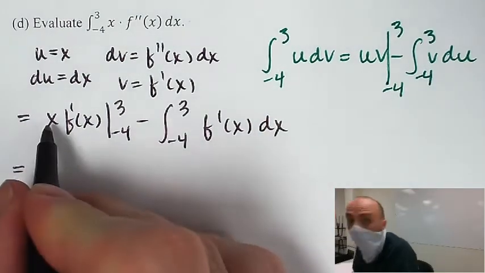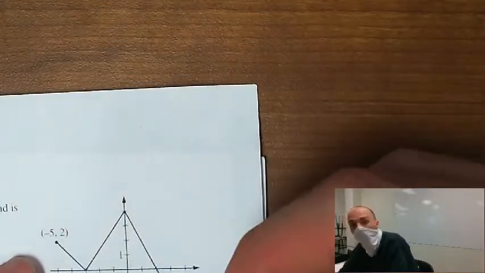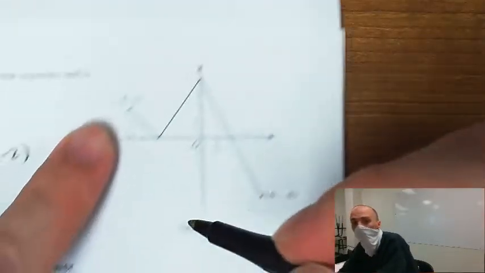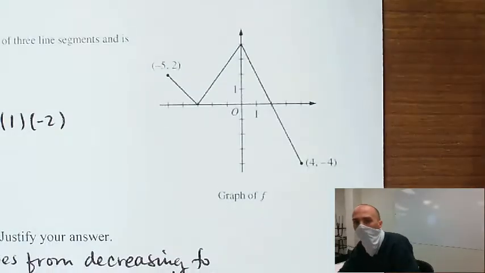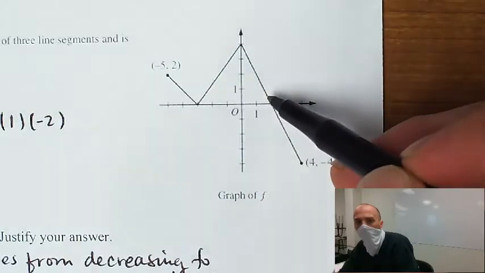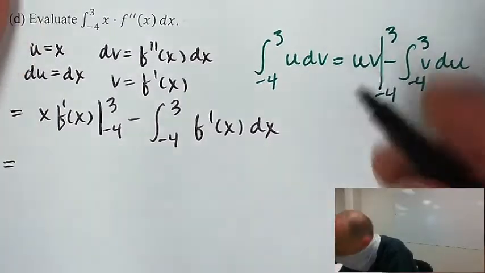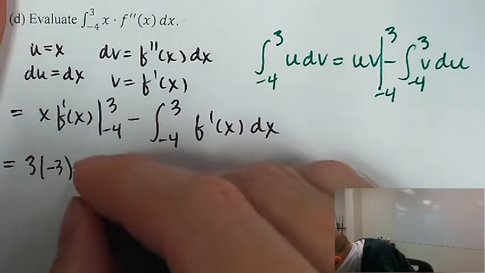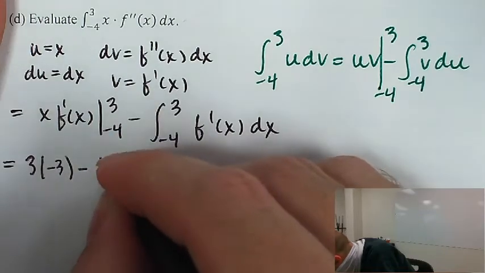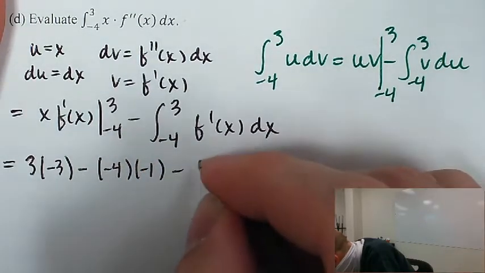Okay, which is 3 times f prime of 3. If we go back up to the graph, f prime of 3 is this -2 right here, that slope. f prime of -4 is going to be -1 also. So that is a slope of -2, right? Yeah. Okay, feel good about that. So that's 3 times -3 minus -4 times -1 minus.